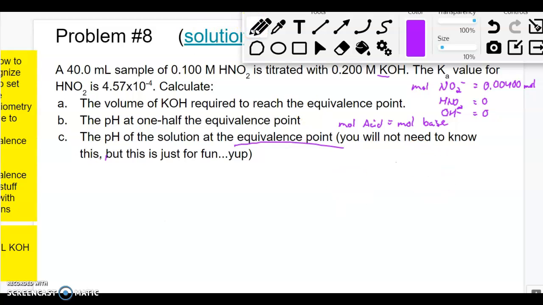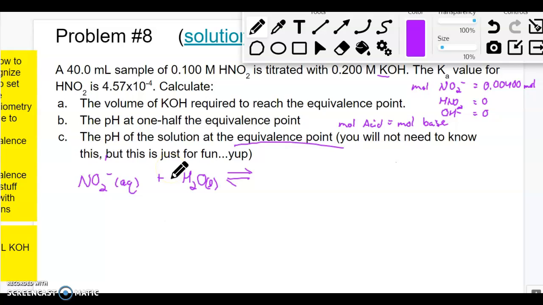And so now at the equivalence point, we have NO2 minus aqueous, and that's what we're starting with. And that's going to interact with water, H2O liquid. And because it's a conjugate of a weak acid, it is going to be in equilibrium, and it's going to form, this is now a weak base.